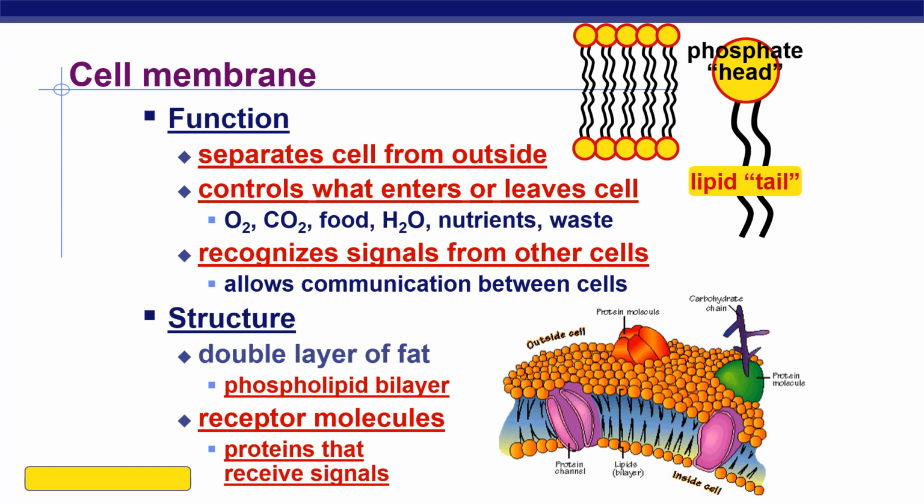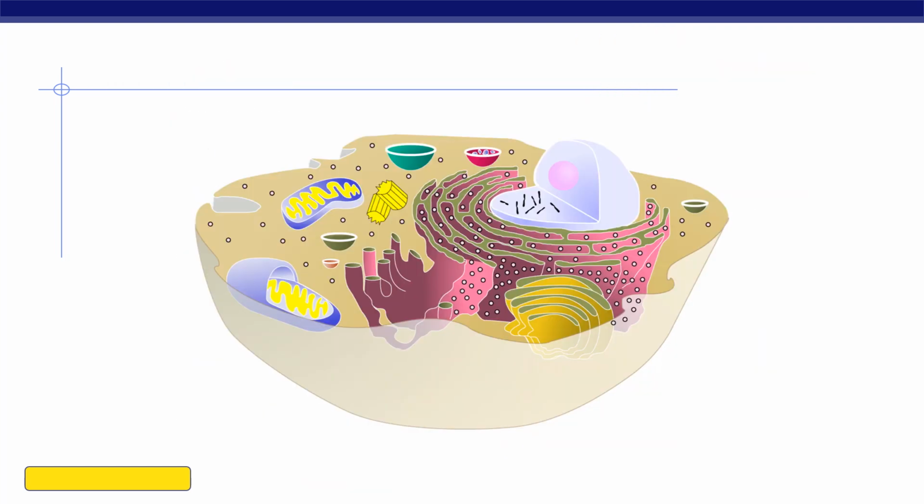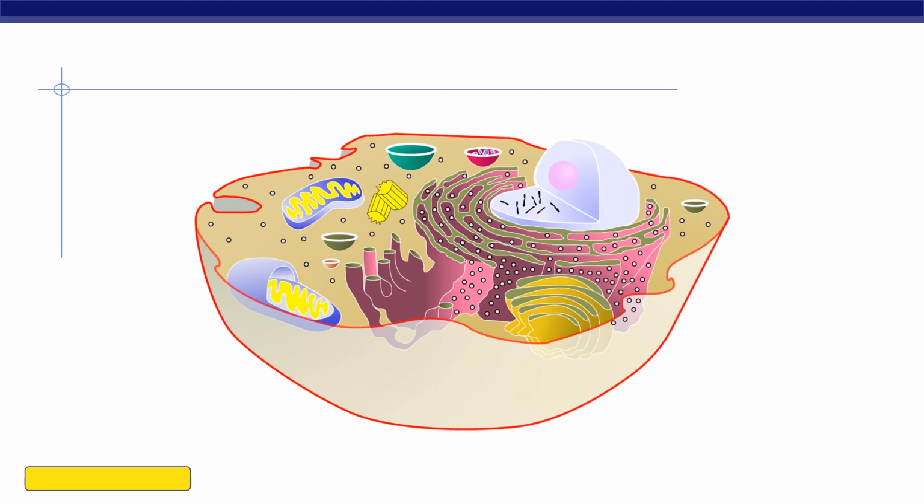You could also see the carbohydrate chain. Later on, we're going to discuss the functions of the plasma membrane in a separate lesson. So moving on to the different organelles of the cell.